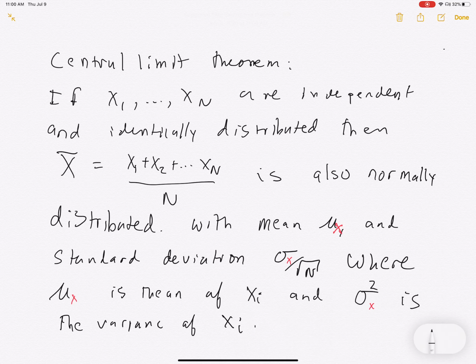Now let's get on with the statement, and I'm going to prove it in a very special case. By the way, I'm going to abbreviate central limit theorem by CLT from here on out.